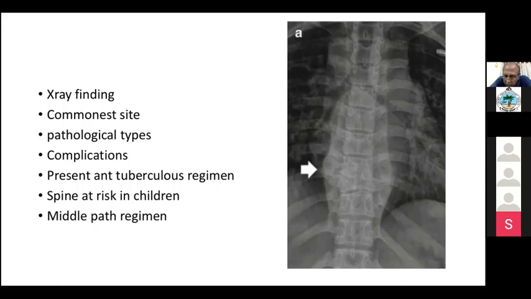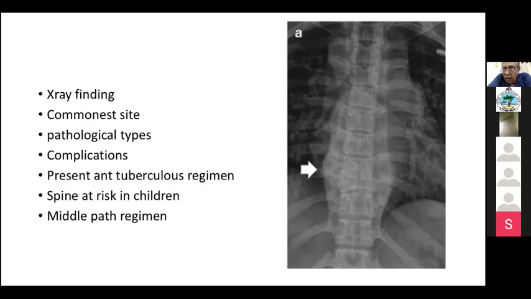What he believes is that you don't get a sequestrum in tuberculosis, unlike in pyogenic osteomyelitis. You are getting only an infected bone which is living. Therefore, you give anti-tuberculous drugs, and for certain indications like neurological involvement, which he has given 4 or 5 indications which you should find out, he does advise a surgery.